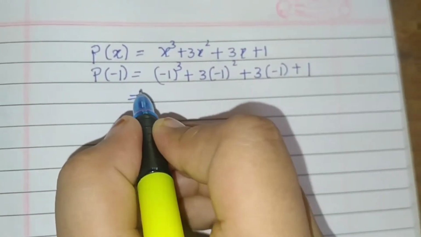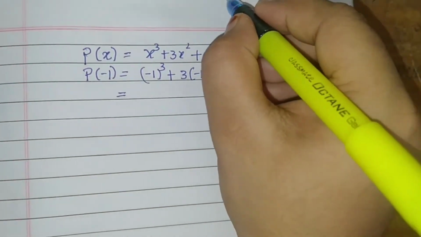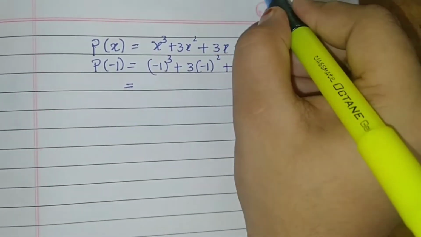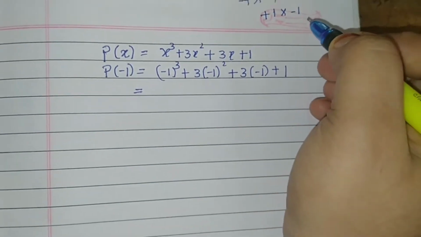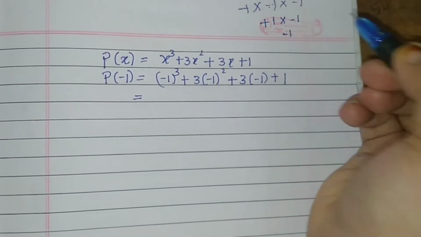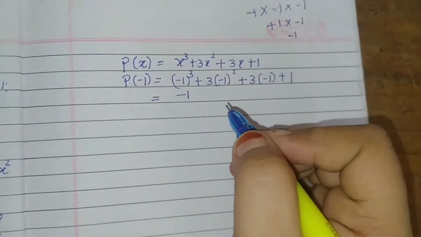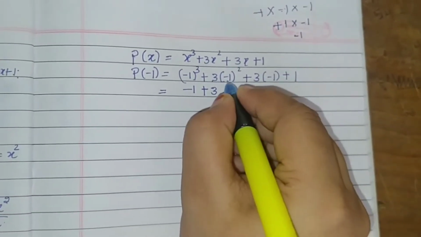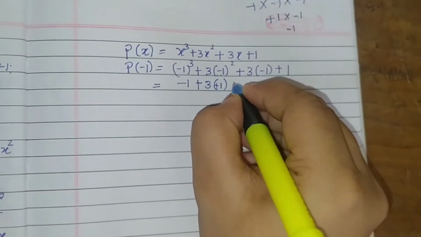So this will be equal to minus 1 the whole cube is nothing but, when you multiply minus 1 into minus 1 into minus 1, minus into minus is plus, 1 ones are 1, again minus 1. So when you multiply this again, you are going to get minus 1, isn't it? So minus 1 the whole cube is always minus 1, plus 3 into minus 1 the whole square is nothing but plus 1.